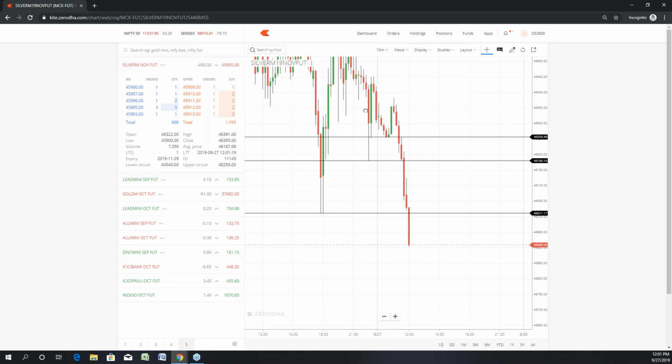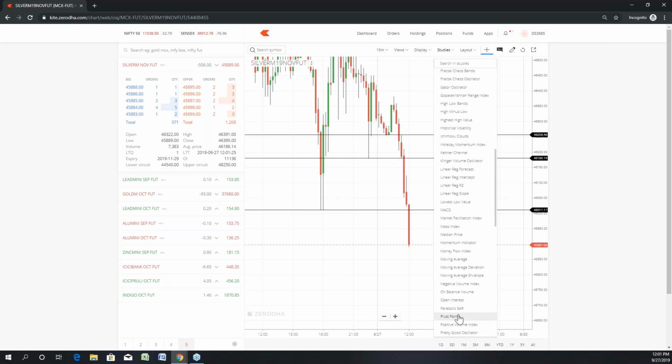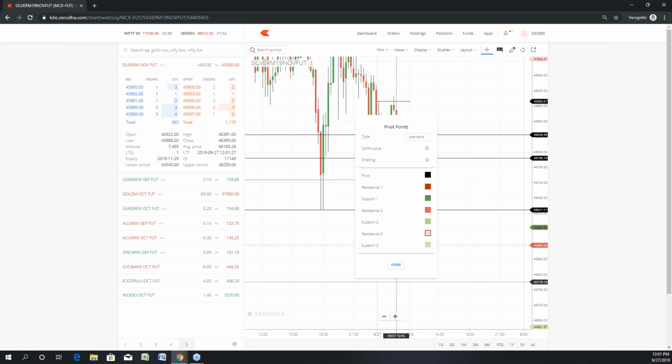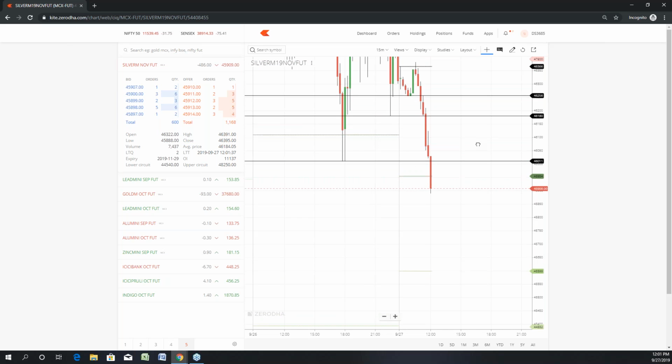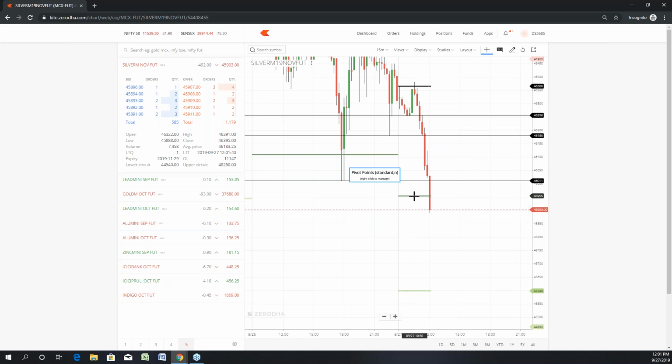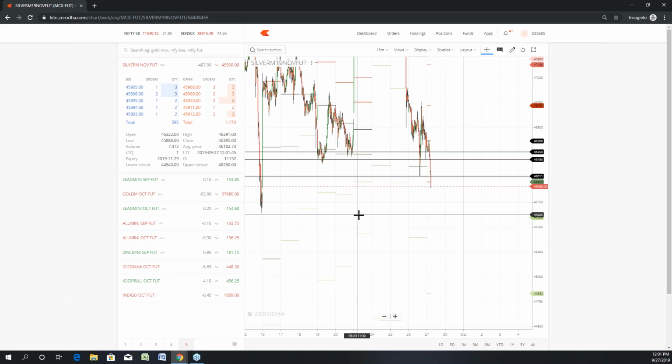One of the ways that I look for the target is pivot point, and in silver my target is always 200 points. But today, because there is such a huge ratio between the buyers and the sellers, my target is even higher. It has broken the pivot also with volumes, so there is a lot of weakness in silver as of now.